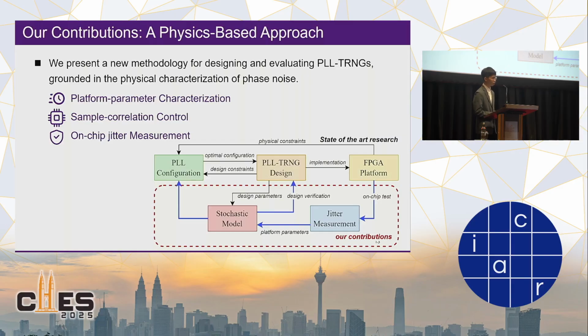And second, we link a fundamental design parameter of PLL TRNG, its bandwidth, to the correlation of the sample bits. And third, we verify the model by on-chip jitter measurement circuits, and this method can achieve a 1.8-fold improvement in the jitter resolution.